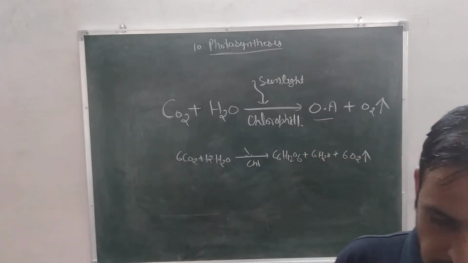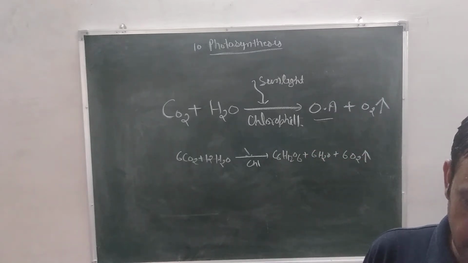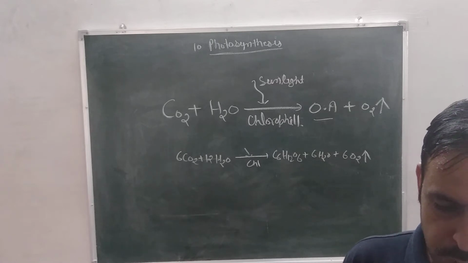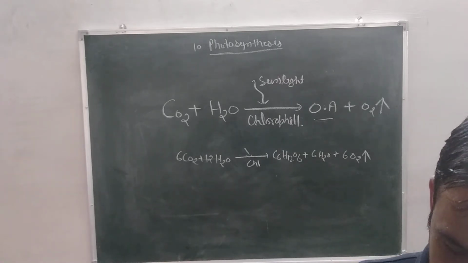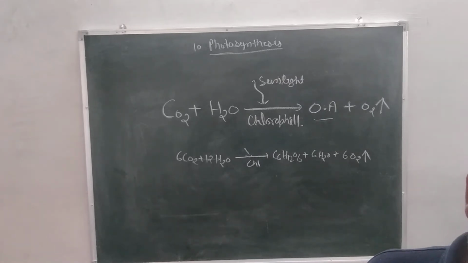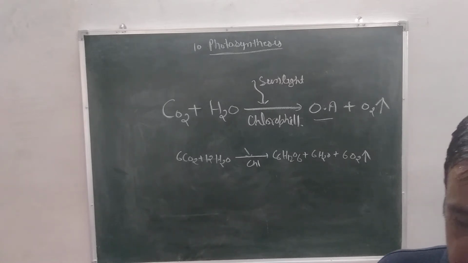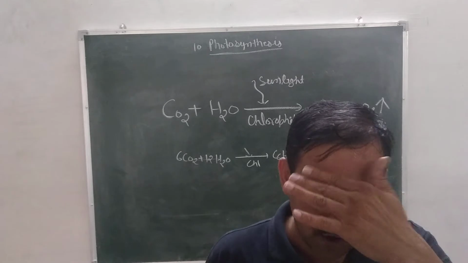Photosynthesis is the process by which green plants use sunlight to make food from simpler molecules, carbon dioxide and water. It can also be described as the process by which green plants synthesize organic substances from carbon dioxide and water using energy absorbed from sunlight by chlorophyll.